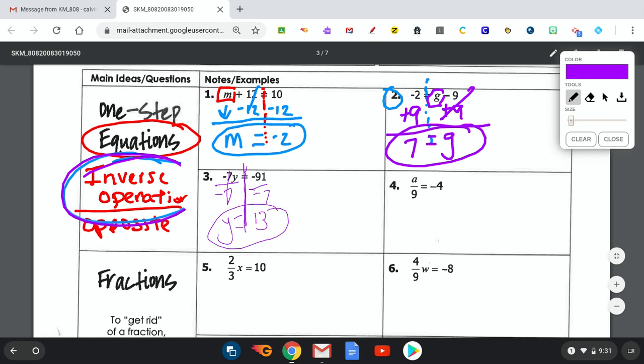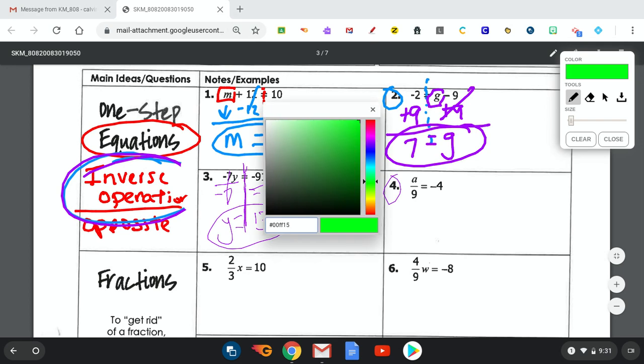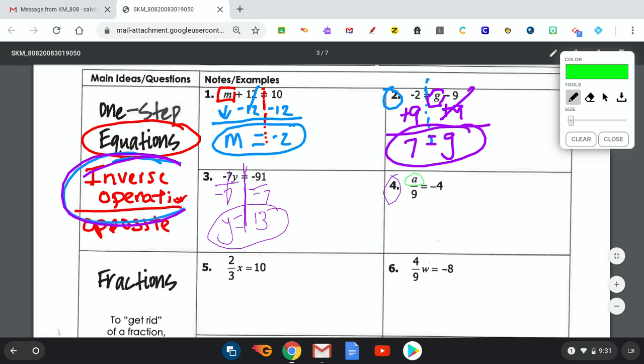That's my answer. Okay. Looking at number 4, I want to get a by itself. Well, this reads a divided by 9 equals negative 4. I still have my balance line. So the opposite of multiplication is division, and the opposite of division is multiplication.